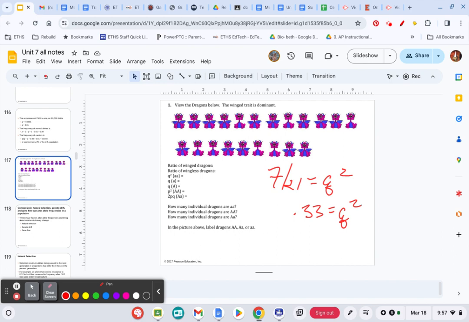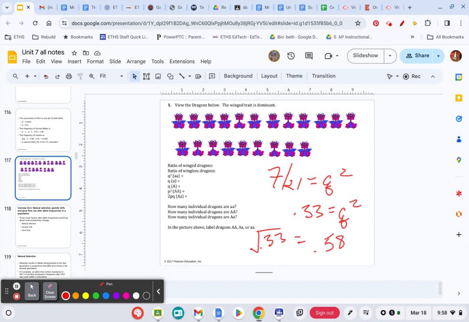So I take 0.33 and square root it. And my value is 0.58. Take the square root of 0.33. Did I do that right?